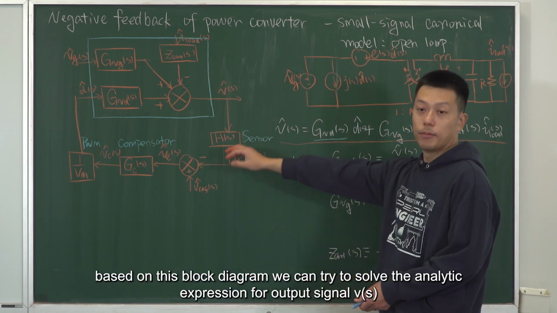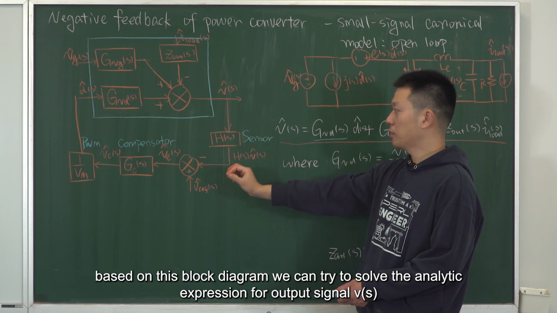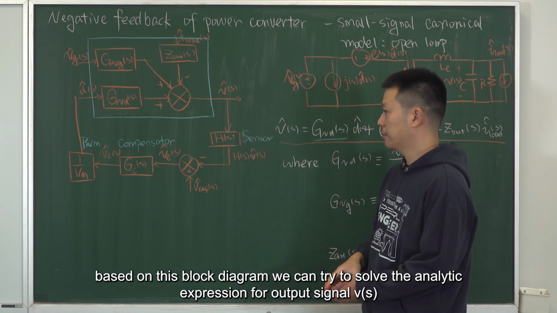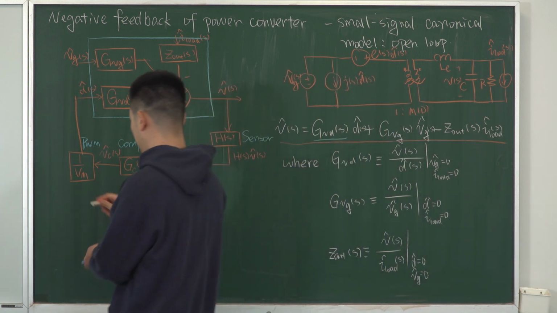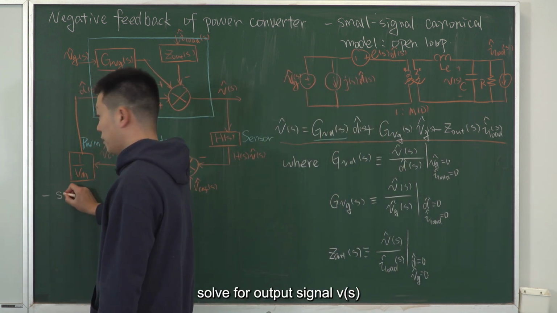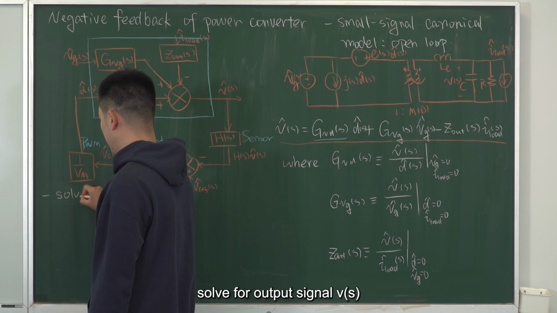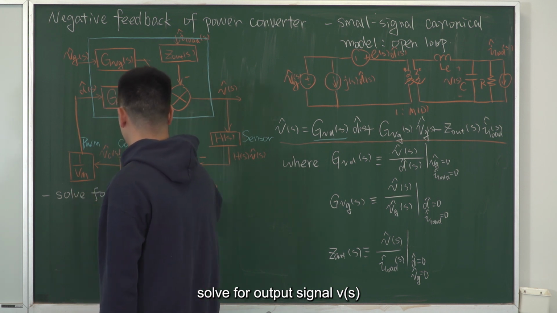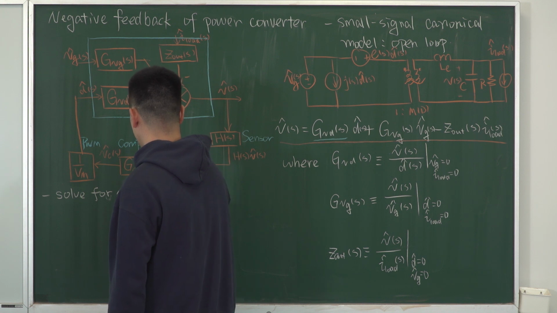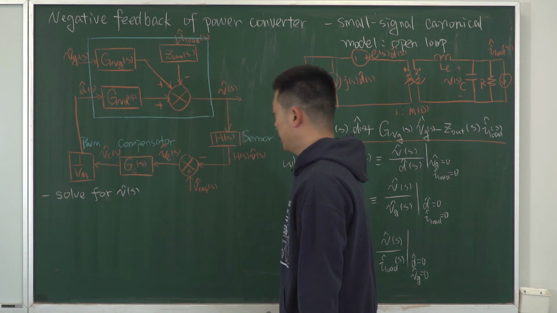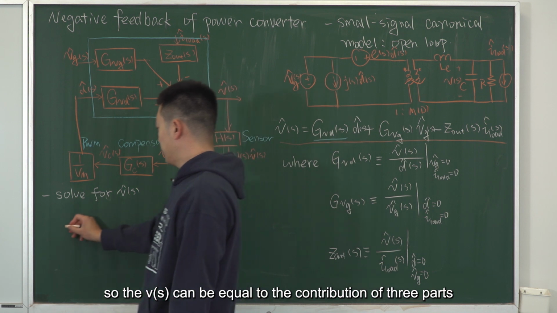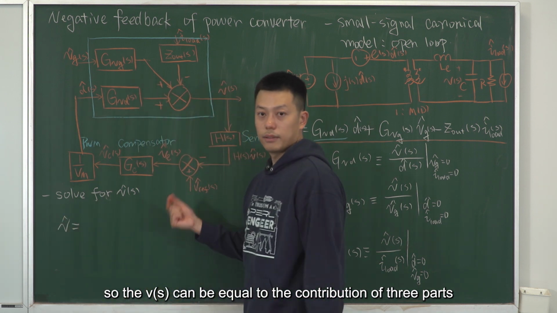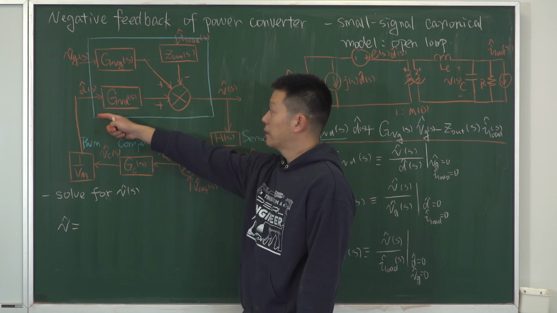Based on this block diagram, we can try to solve the analytical expression for the output signal Vs. So Vs can be equal to the contribution of 3 parts.